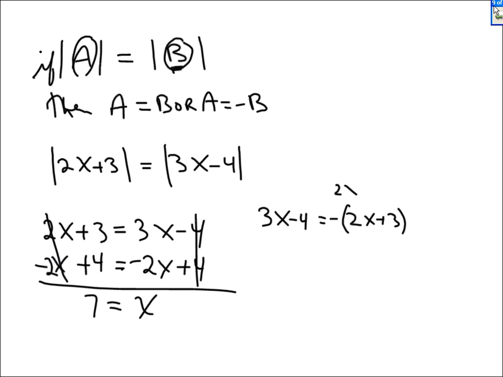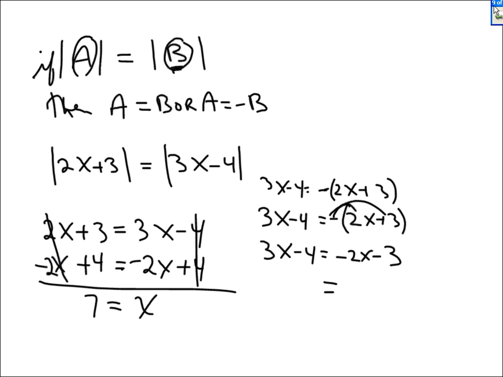A lot of students would say, oh, this is so simple, just put a minus in front. No, you only took away part of the 2x plus 3. You have to take away the whole thing. 3x minus 4 is equal to negative 2x minus 3. The left side has more x's, so bring all the x's to the left side.